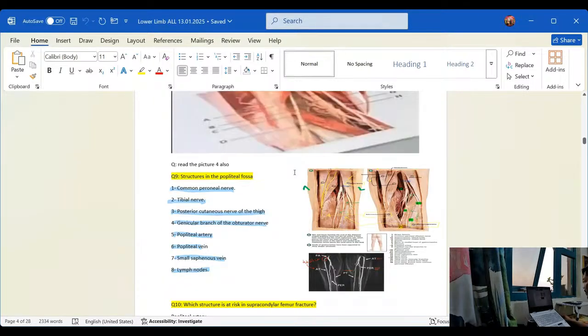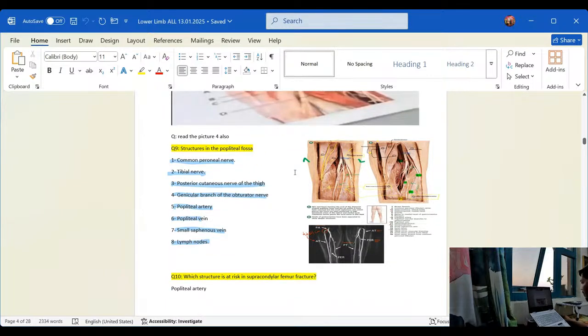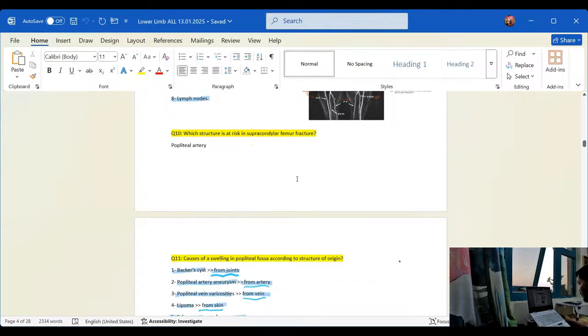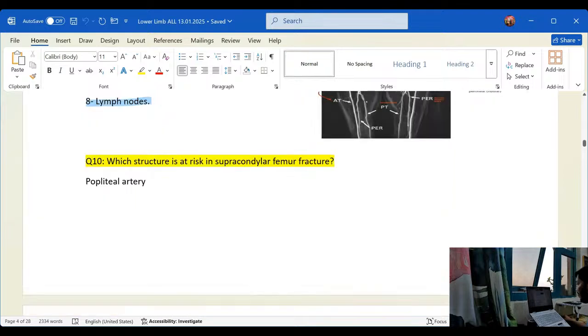Structures in the popliteal fossa. Which structure is at risk in supracondylar fracture of the femur? This is the popliteal artery.